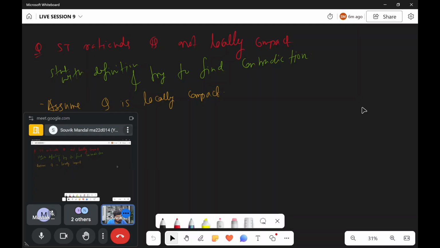Assume Q is locally compact, and take x belongs to Q. So this tells that x belongs to the open interval (a, b) intersection Q, which is a subset of K, which is a subset of Q.